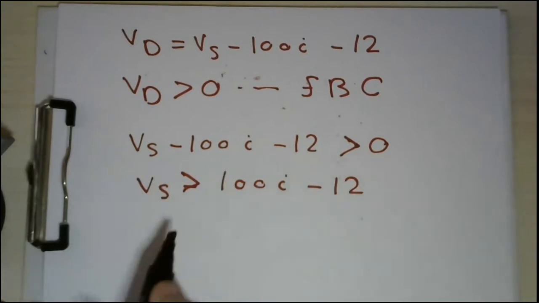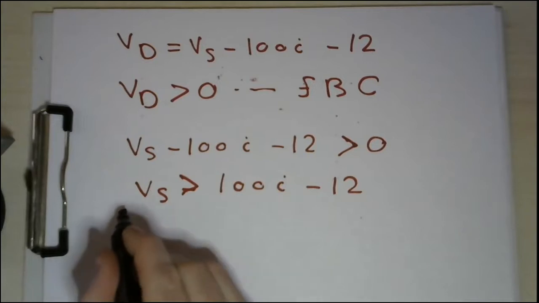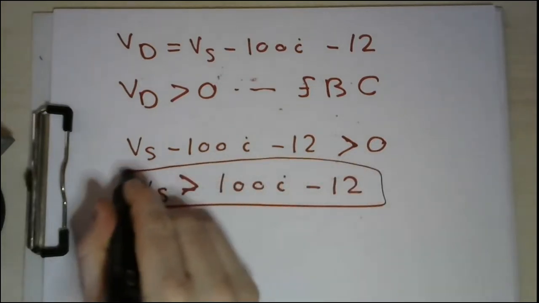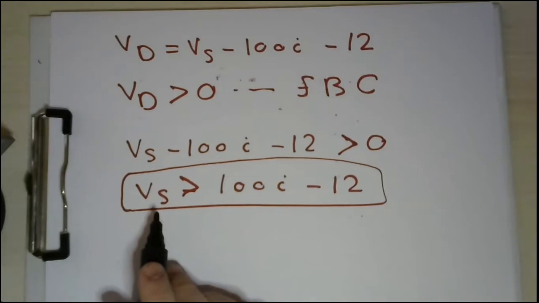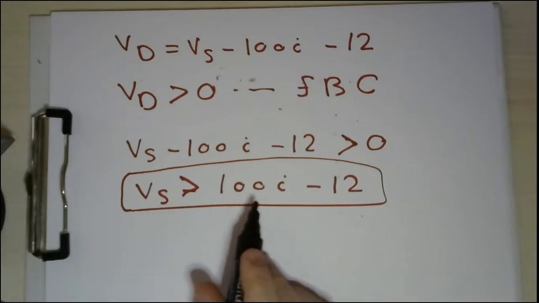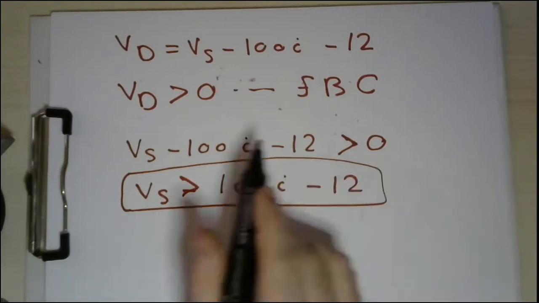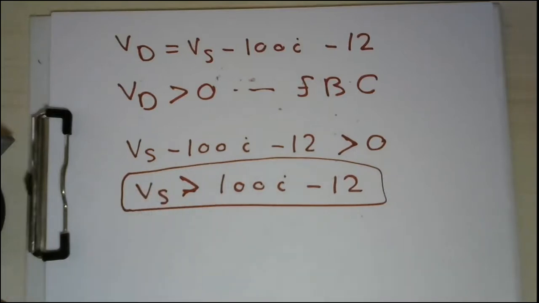Whenever this condition happens, you can deal with your diode as a short circuit. The starting point for this condition is Vs equals 100I plus 12. Once this condition happens, you can replace your diode with a forward bias.